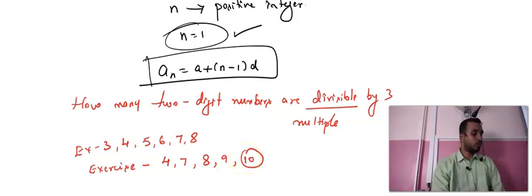Do not miss this question. The 17th term of an AP exceeds its 10th term by 7. Find the common difference. Very important problem.